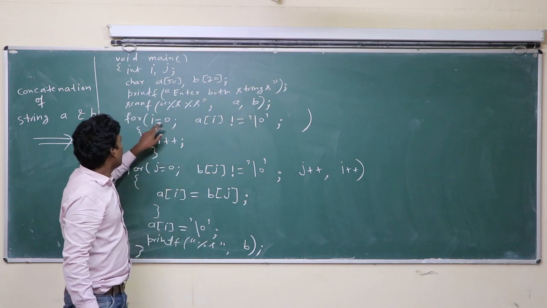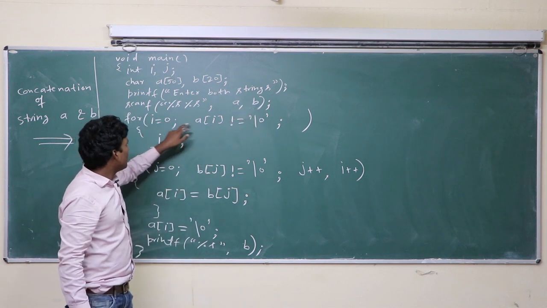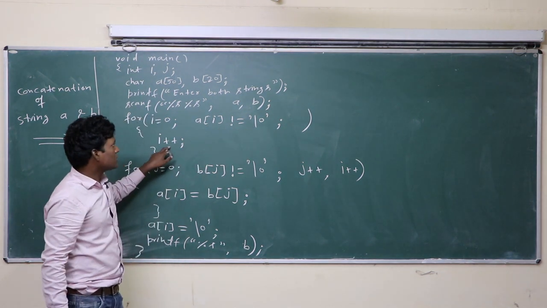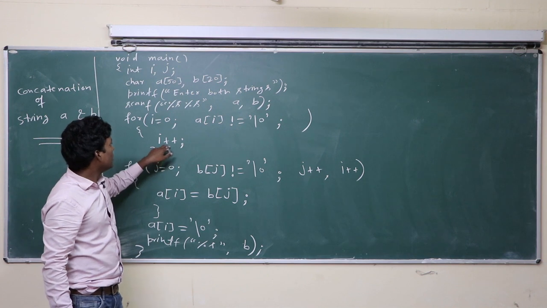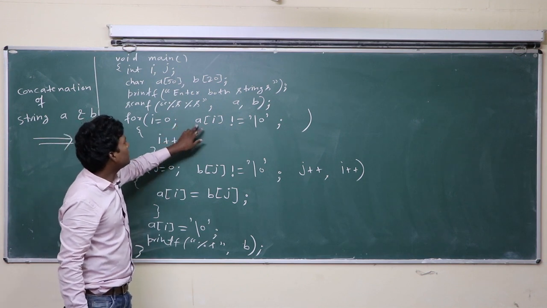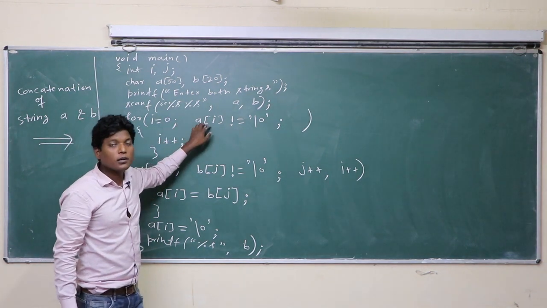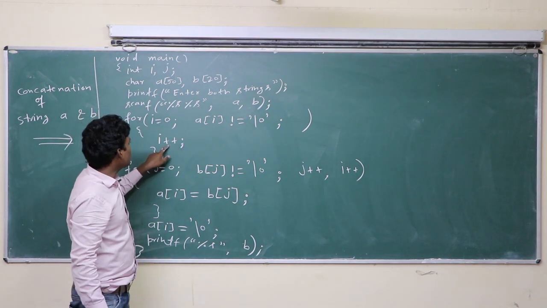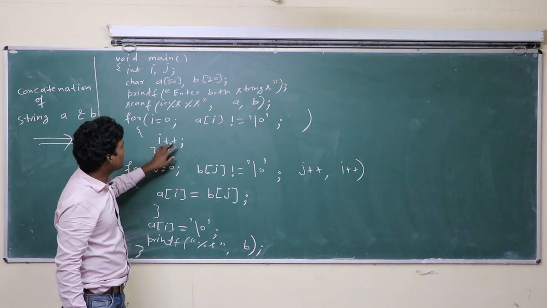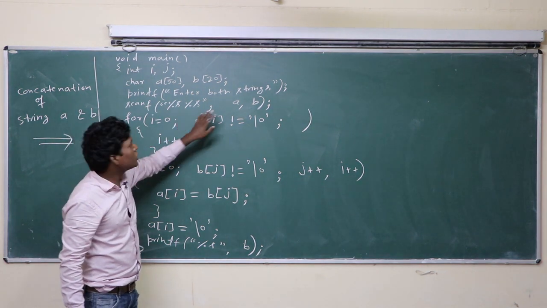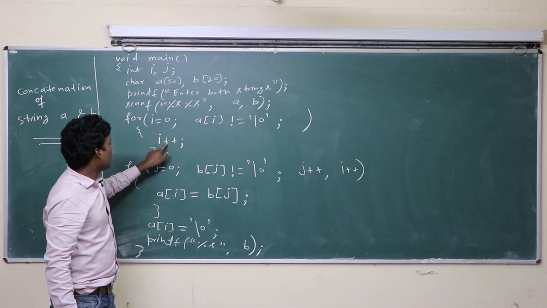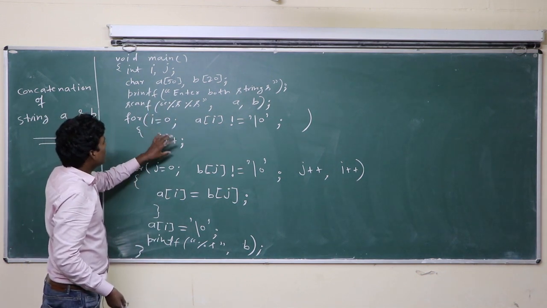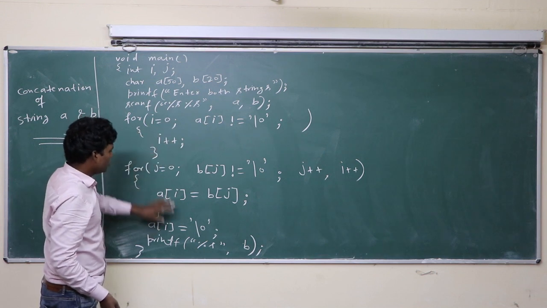Now here i equal to 0, a of i not equal to null, i plus plus. Okay class, this loop executes till string A comes to the end. Here i plus plus basically counts the number of characters in string A.